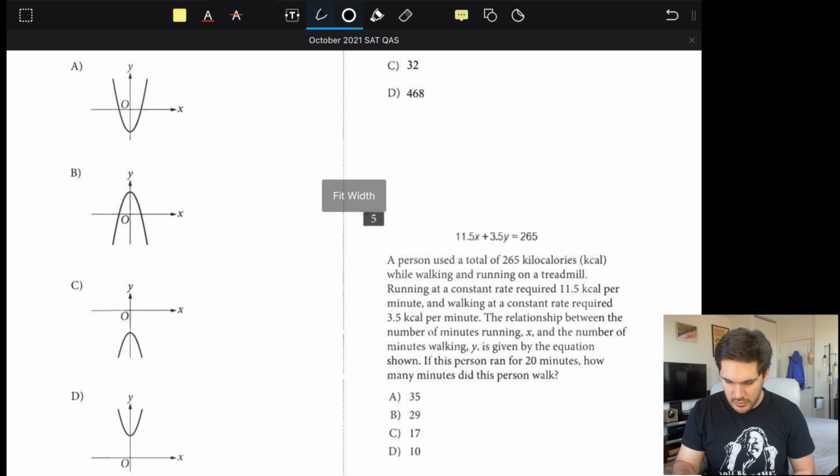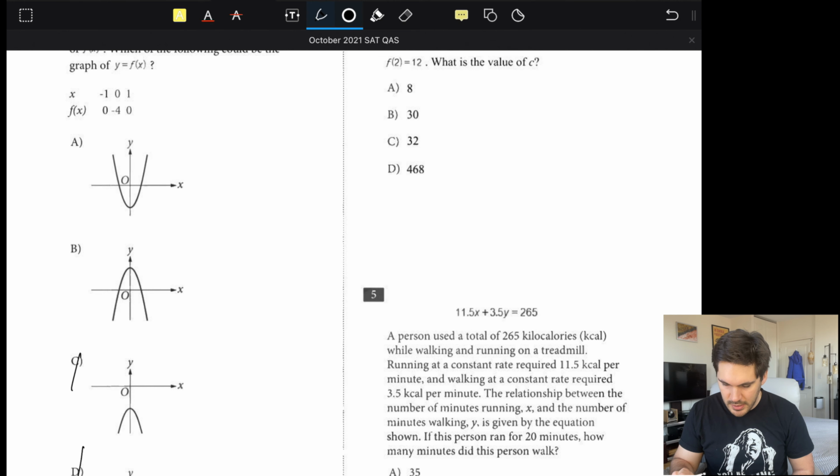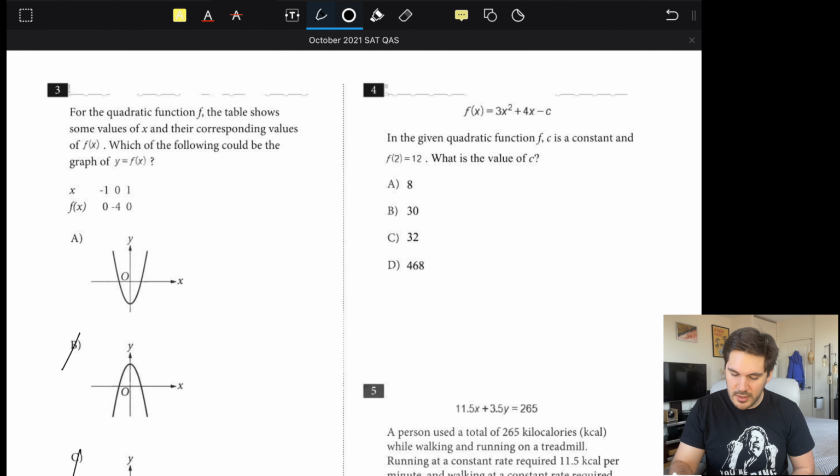So that eliminates C and D. We've got A and B. And then when x equals 0, y should be -4. So that eliminates B because in that scenario we have a positive value. So our answer to 3 is going to be A.